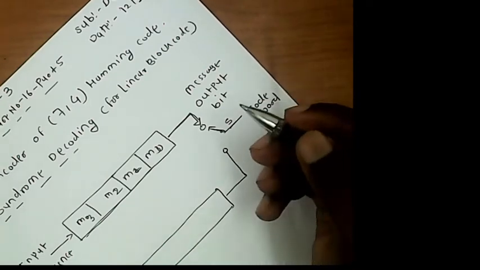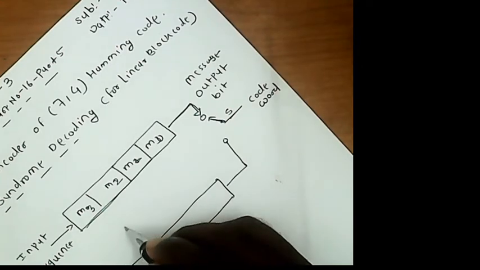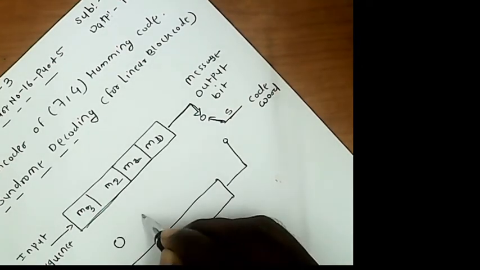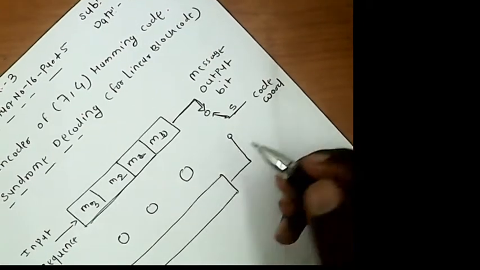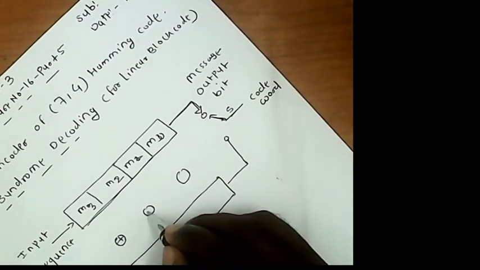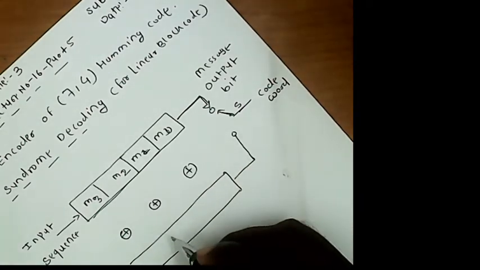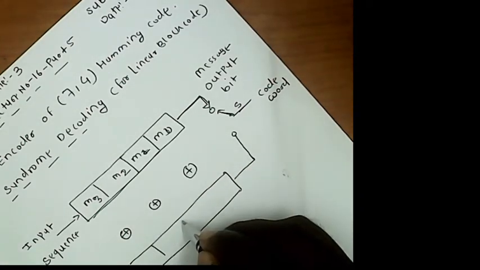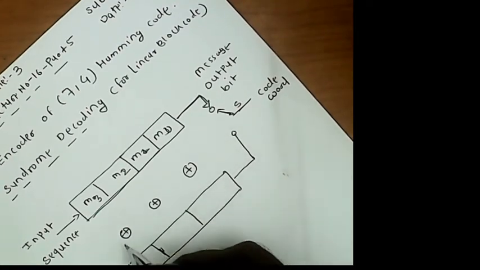Okay, so this is a simple block diagram which explains the encoder for the 7,4 Hamming block. It is a generalized block diagram, not for anything in particular. Then how can we produce the parity bits from the given message bits?